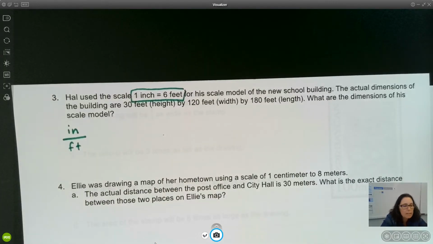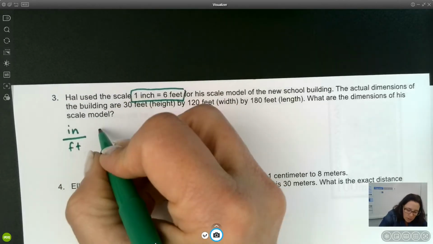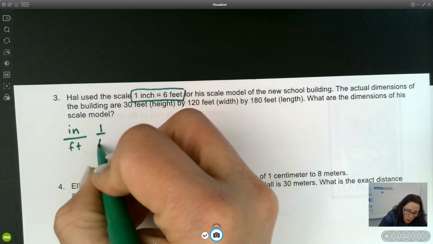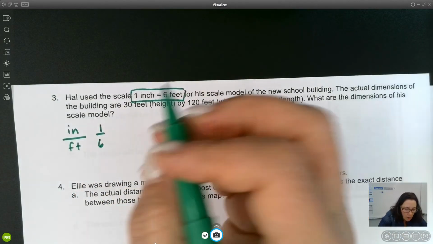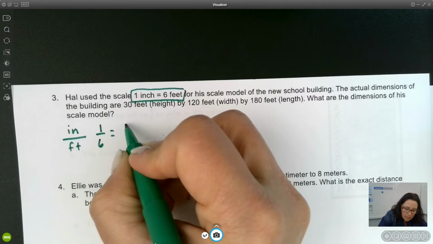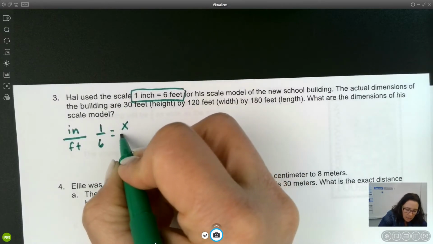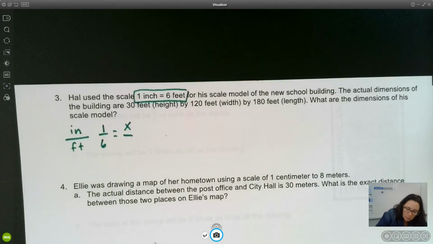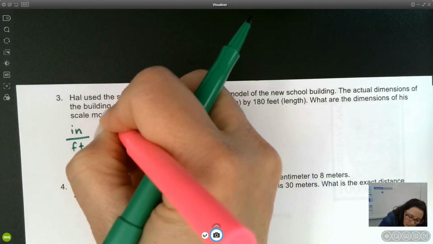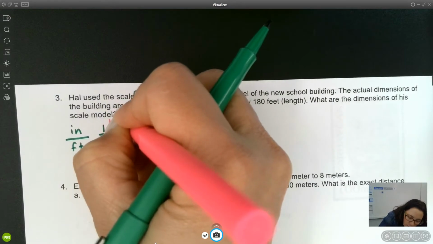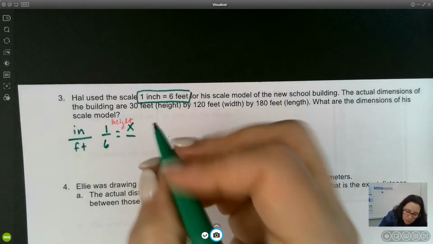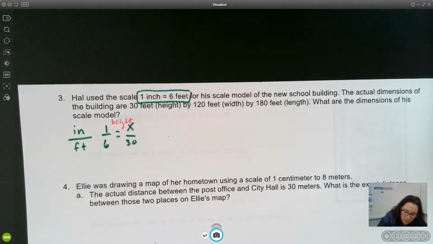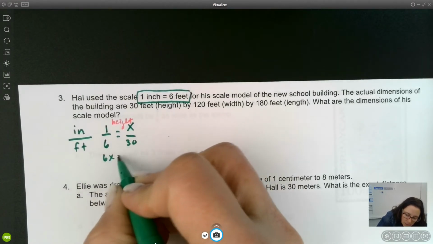And if you want to write model over actual instead of inches over feet, that's fine too. All right, so everything with inches is on top, so I'm going to use 1, and everything with feet is on bottom. And I'm trying to find out the height. So let me put height right here. I'll put that in pink. This is going to be the height. So I'm going to put 30 right here. So that's going to be 6x equal 30.